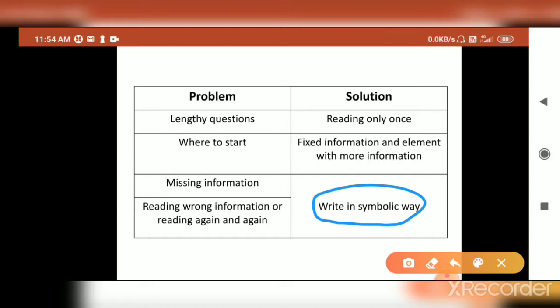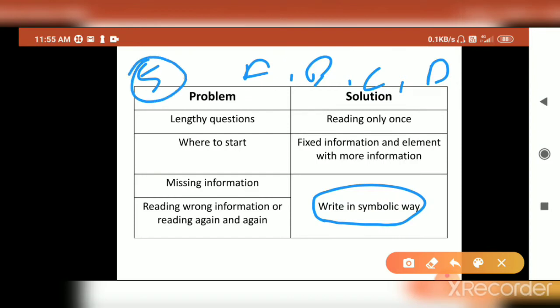And also, where to start? You have to start with an element which has fixed or more information. For example, in a problem there will be many elements like a, b, c, d. If they tell you that 5 friends are sitting arranged at a table, you have to start with the element which has more information.